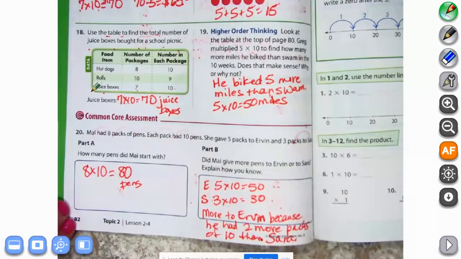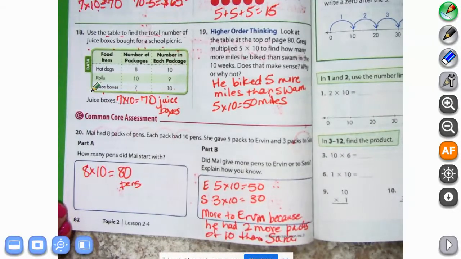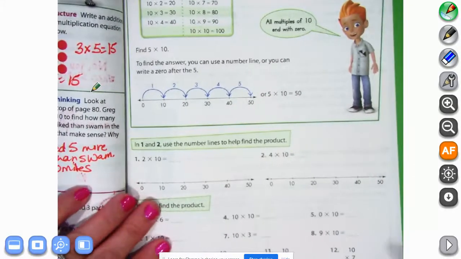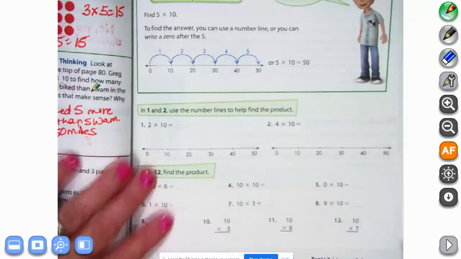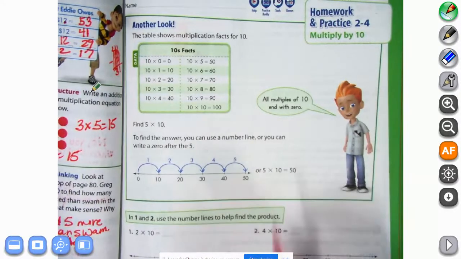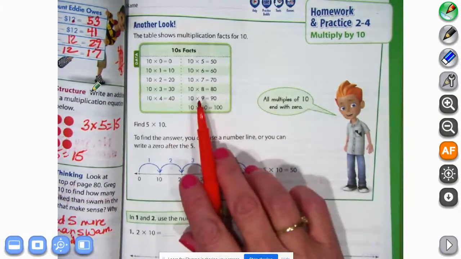Okay, then we're going to go over the homework that I'd like you to do today so we can correct it tomorrow morning. So make sure you push pause. Page 83. It says, the table shows multiplication facts for 10.